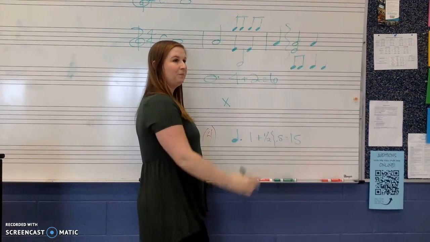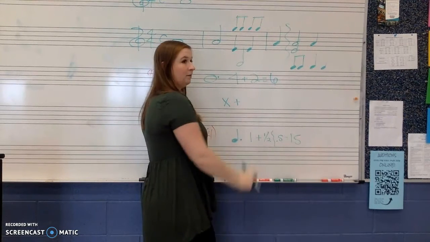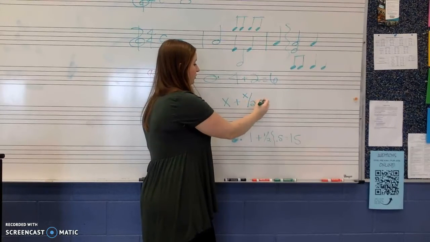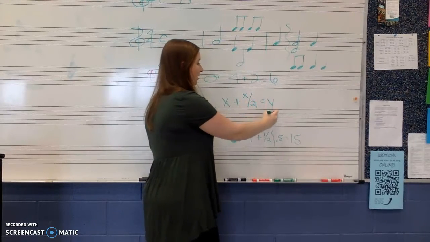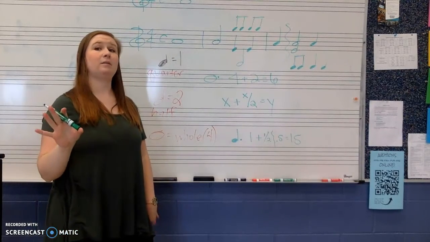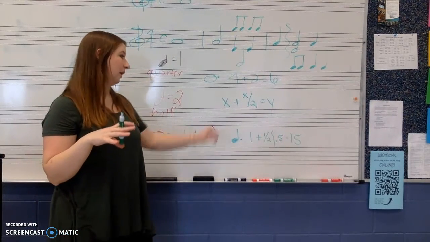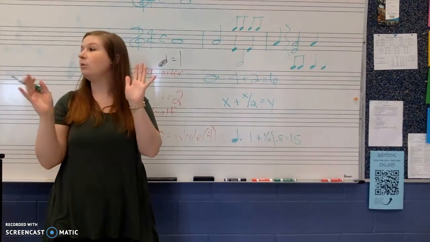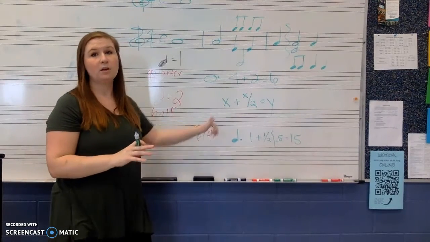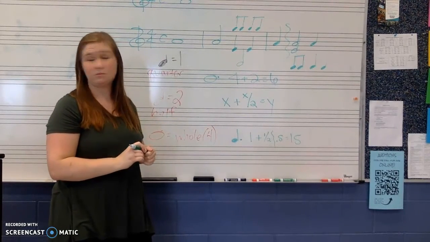And then we add x over 2 equals y. So you can plug in any numbers for that, and you're going to get the dotted note value, okay? You have to know the original value, obviously, but it can change. Does that make sense? No? Yes?